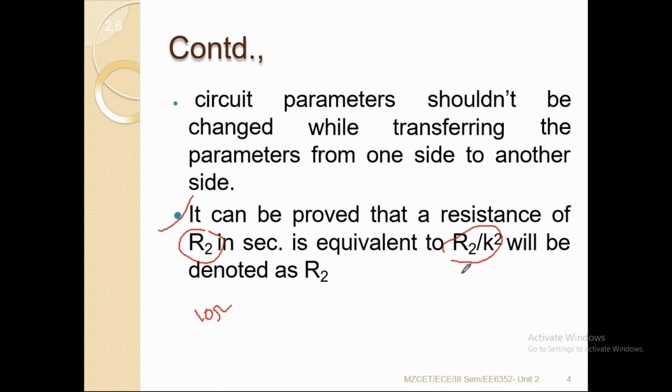I already told you that while shifting the resistance and reactance from one side to the other side, the transformation ratio is involved. Suppose R2 is shifted to the primary, now R2 can be represented by R2 divided by K square. Then the equivalent resistance of primary is R1 plus this value, so you get the equivalent resistance referred to the primary.